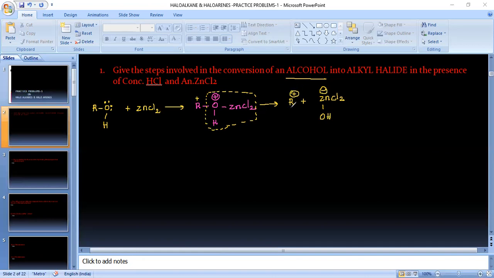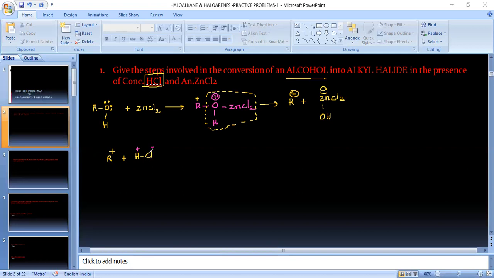Now this alkyl part reacts with the reagent concentrated HCl, which has H plus and Cl minus.